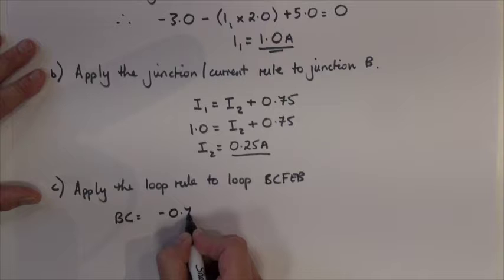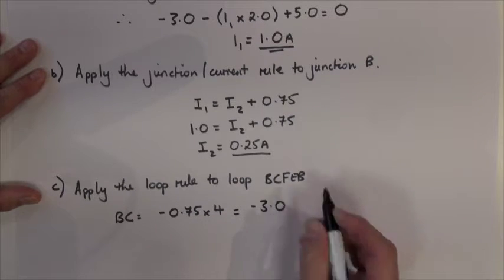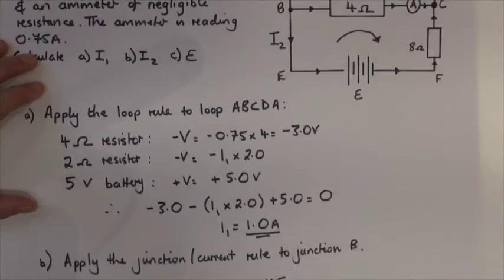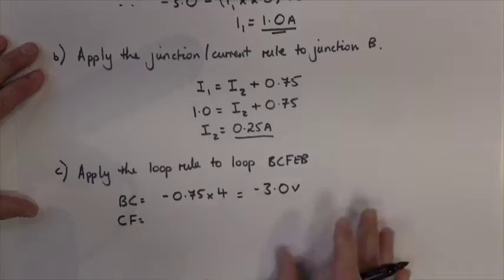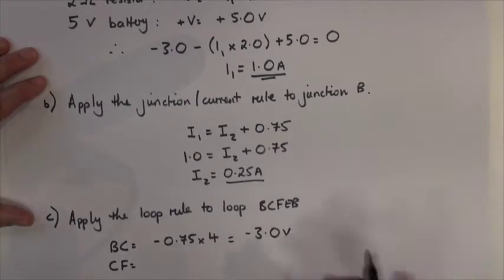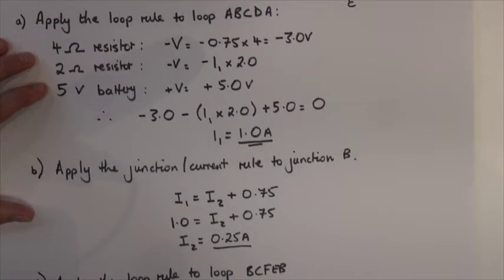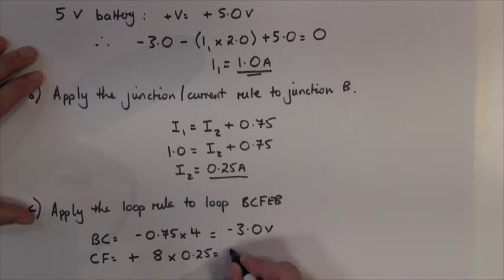Going from B to C, I've got negative 0.75 times 4, which equals negative 3 volts because it's going with the flow. Now I come down, going from C to F, through the 8 ohm resistor. I'm going against the flow, so I add this in, and I know I've got 0.25 amps coming in.